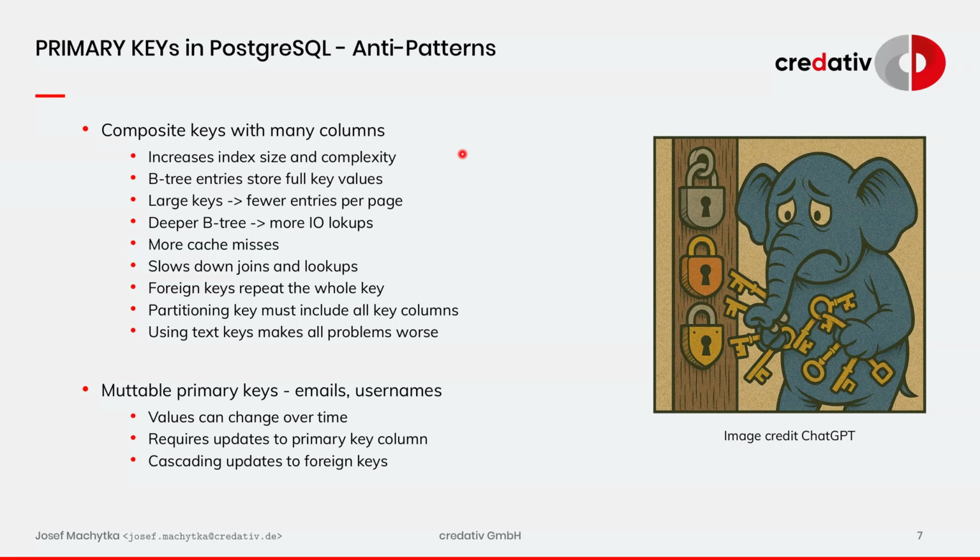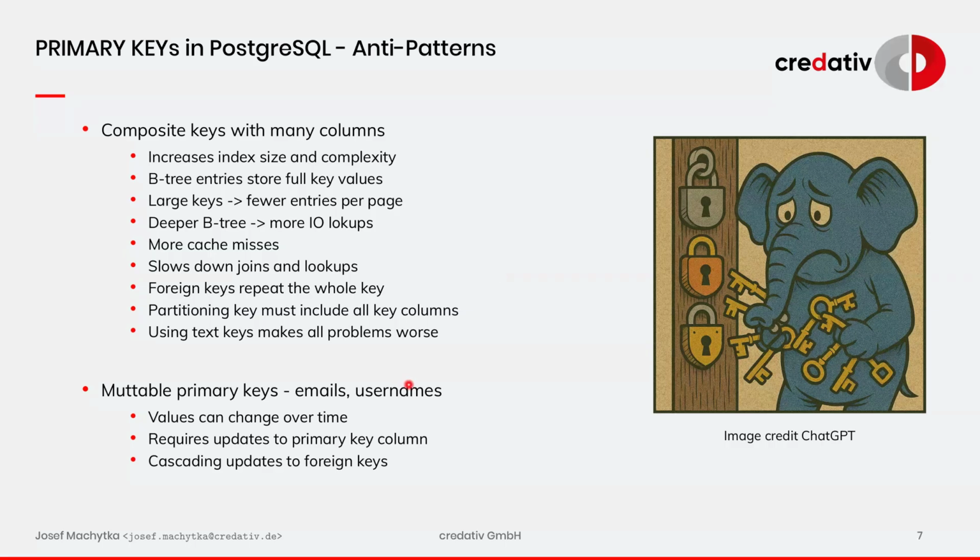And using index search on composite keys with large keys means a lot of I/O lookups. This, of course, slows down joins and lookups. Foreign keys must repeat the whole key. Also, partitioning on such a complicated primary key means that all these columns must be included in the partitioning key.